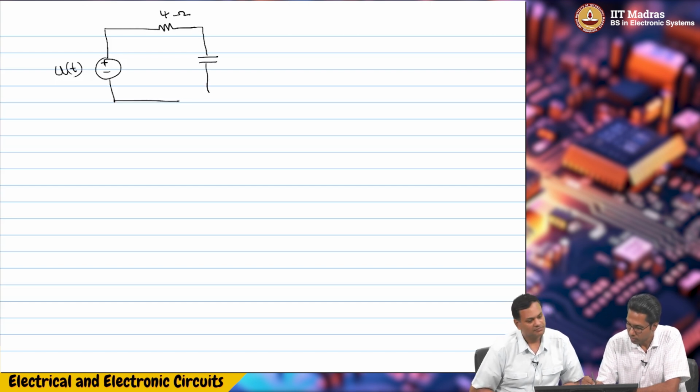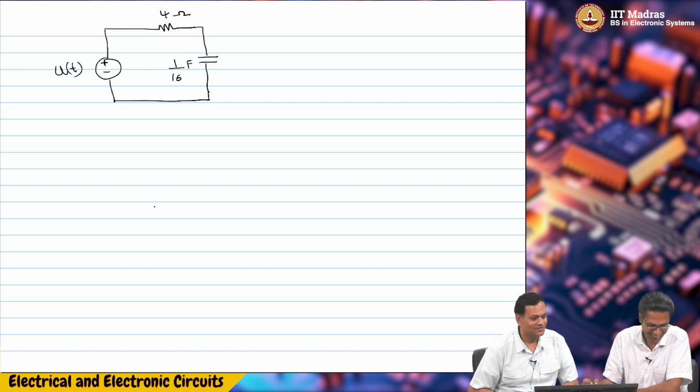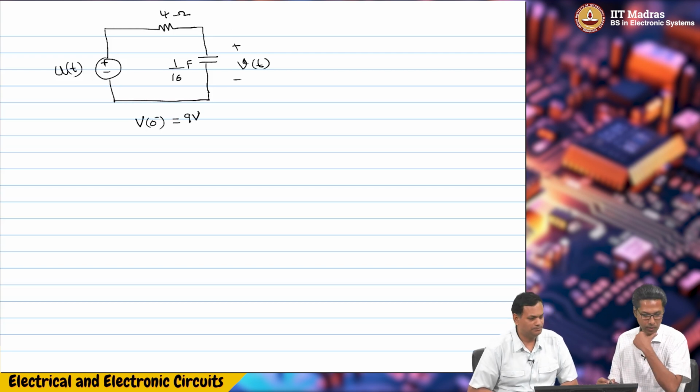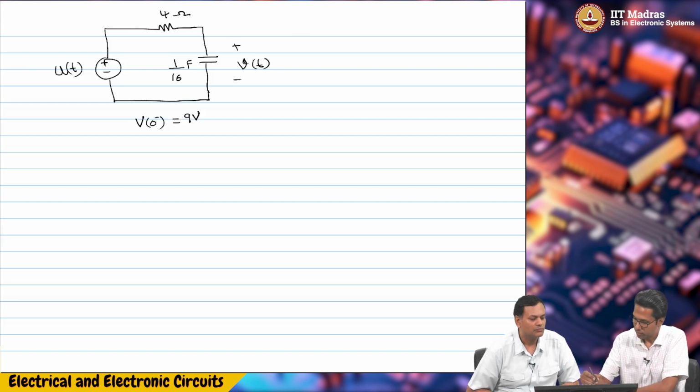Just a simple RC circuit. Its value is 1 by 16 farad. Large capacitor. And across this I have V of t. Actually V of 0 minus is 9 volt. This is what is given. The question is how do you get I of t?